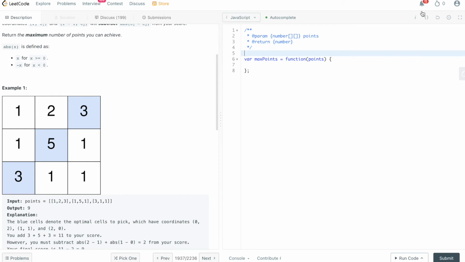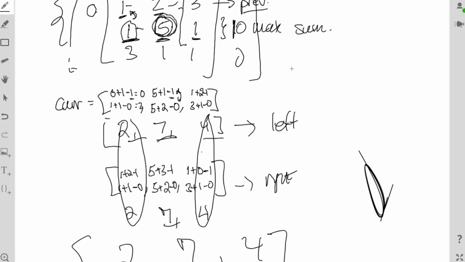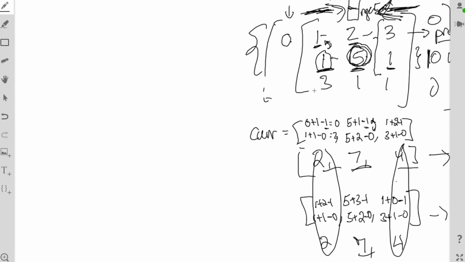So, just like any matrix question, we want to really grab the rows and the columns first. So points.length, const cols is points[0].length. Okay, so let previous. So what we want to do is this: like I said before, we're going to use dynamic programming.